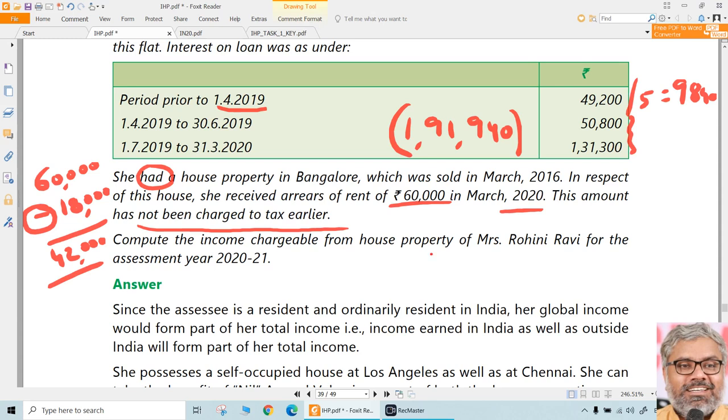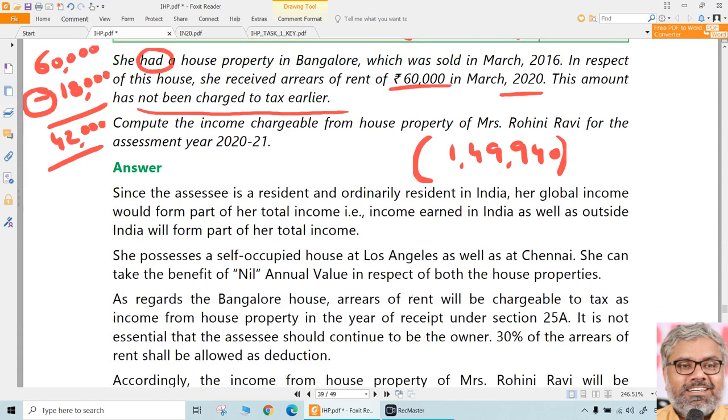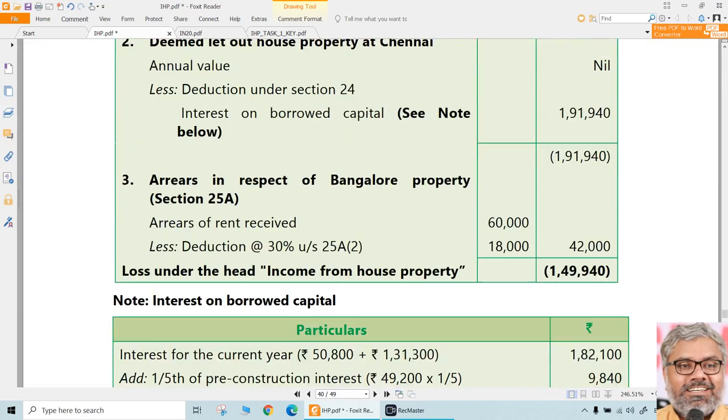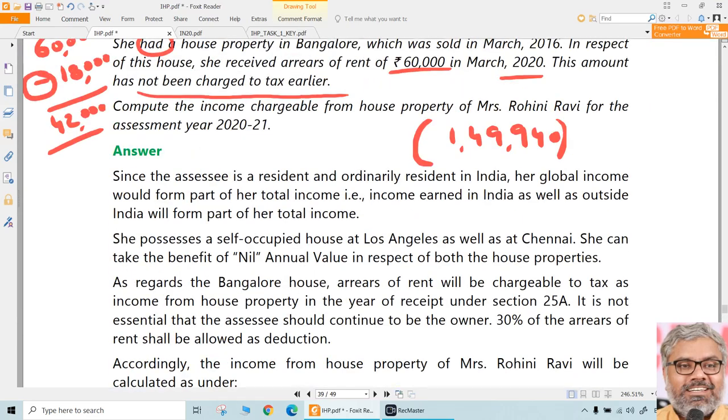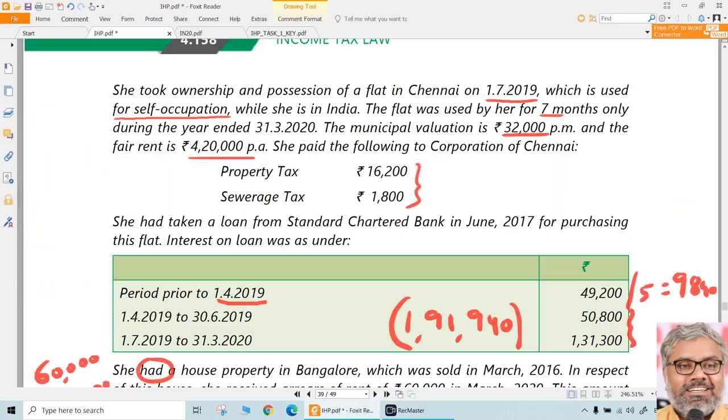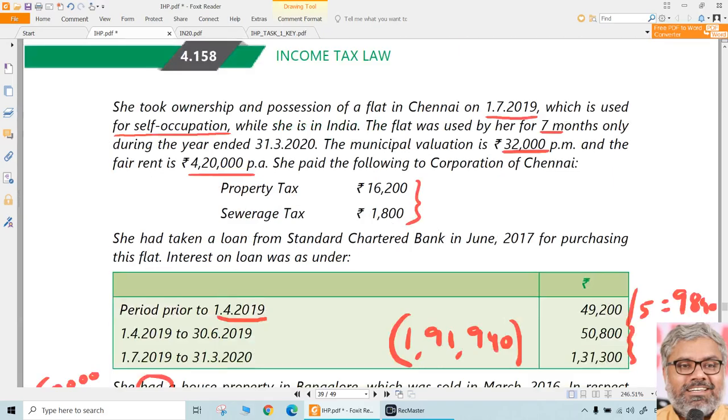Final answer is negative 1,49,940. Negative 149,940 is the income from house property of Mrs. Rohini Ravi for the previous year 2019-20. So that is the final answer. That is a loss of 1,49,940. That is the answer for question number 4.